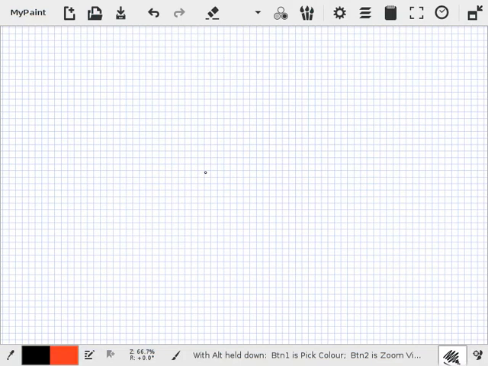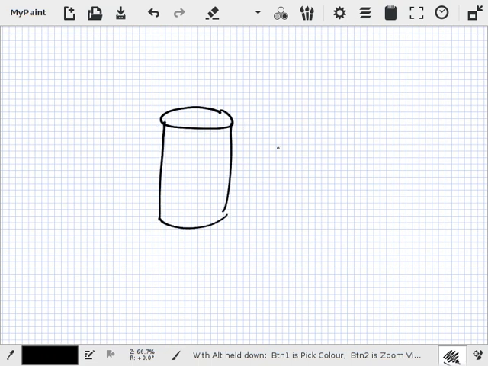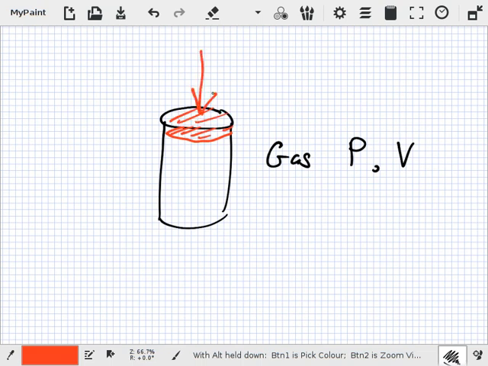So the normal situation is you imagine you have some container like this, and it contains a gas that has a pressure and a volume. And then perhaps you have this connected to some machine and you push down on it. You apply a force. Okay?